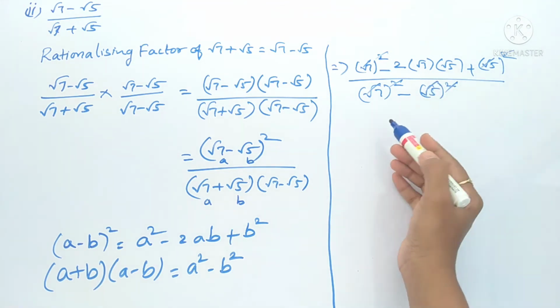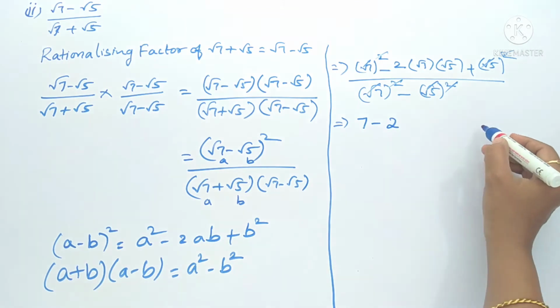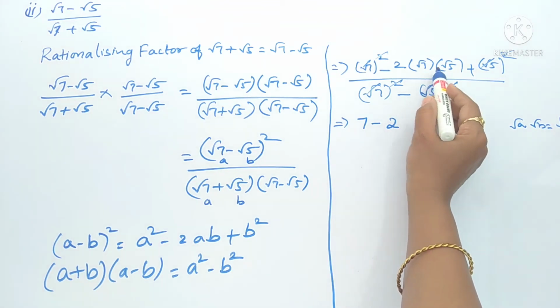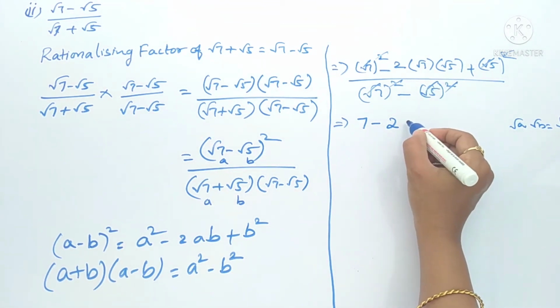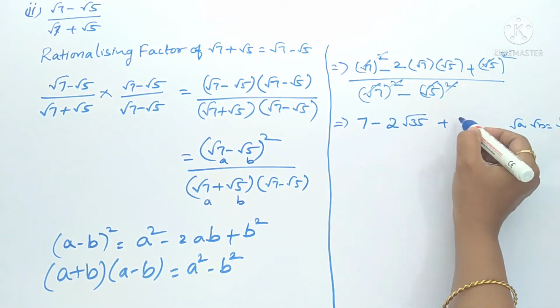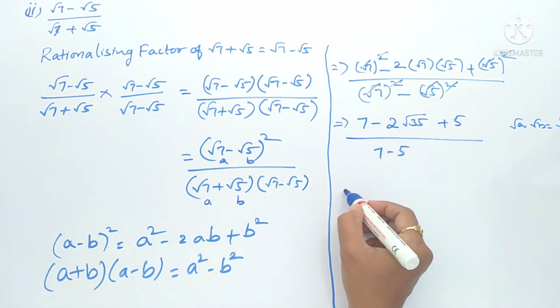I'll write the remaining here, 7 and 5. So √a into √b is √(a into b). So √7 into √5, 7 times 5 is 35, 2√35, plus 5, by 7 minus 5.